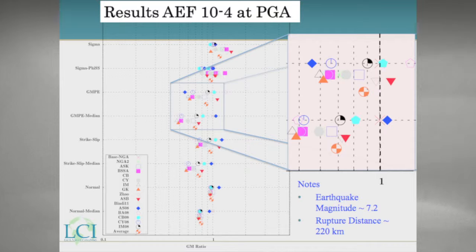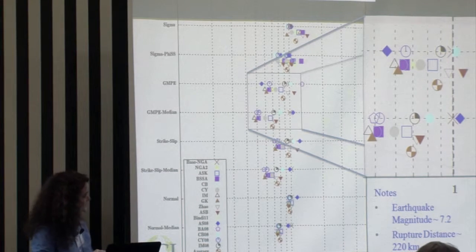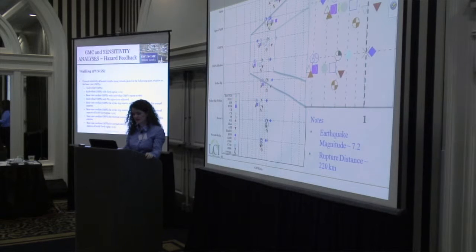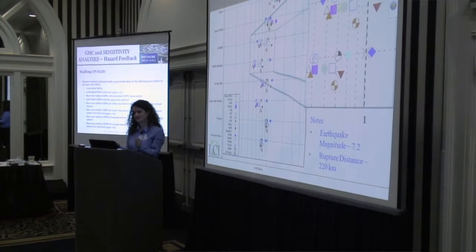For PGA, you can see that there's a larger dispersion for the 2008 models, but now there's a smaller dispersion for the 2013. So this tells me that the models are now having a closer agreement. As more data came in, more of the models are coming closer together, and the uncertainty is now decreasing.